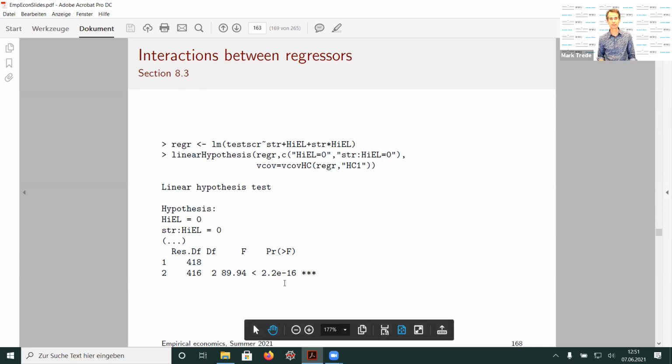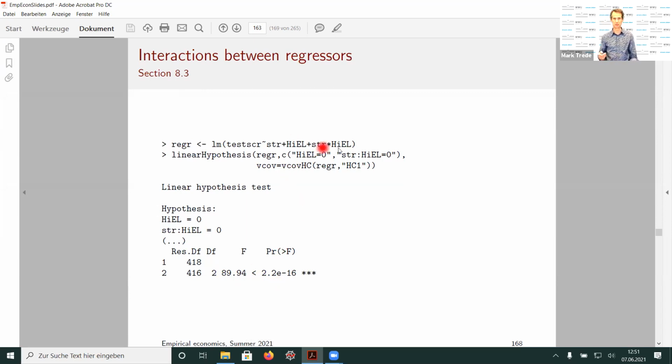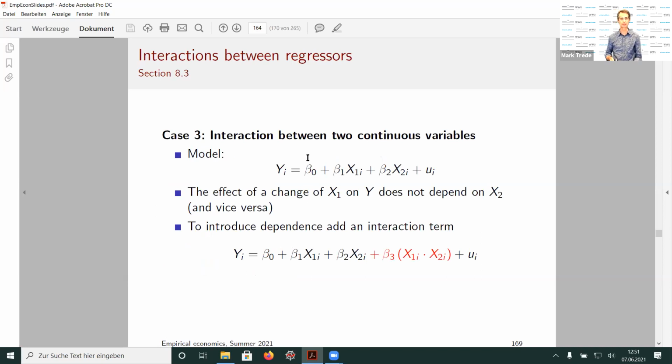So we do reject this hypothesis, and we have established strong statistical evidence that the two regression lines are not identical. Okay, so whether there are many or few English learners does have an impact on the relationship between class size and learning outcome. All right, that's the second case.